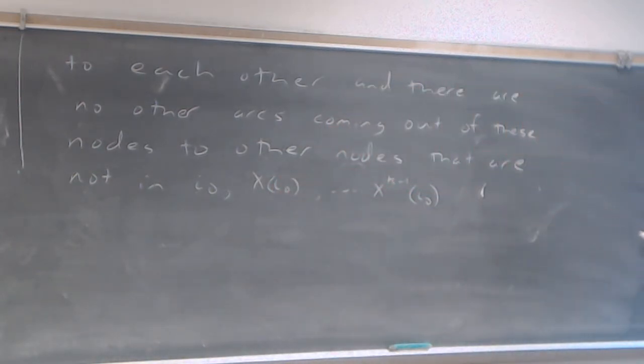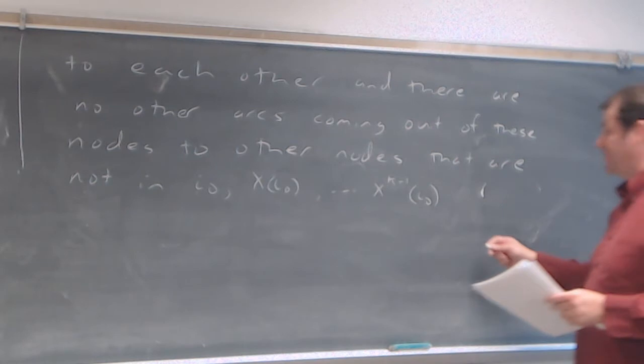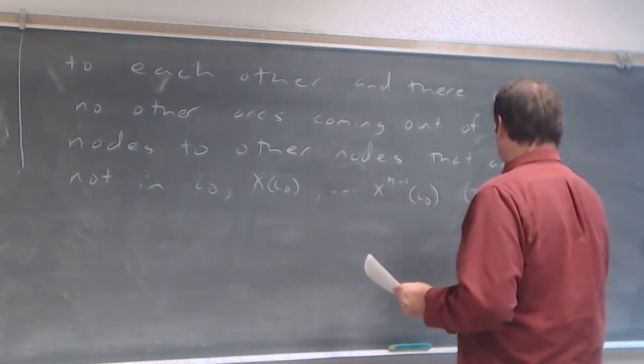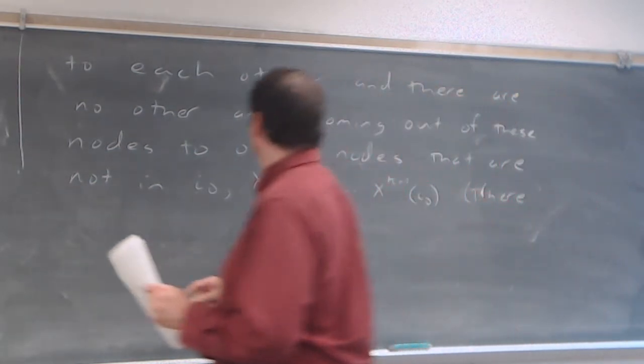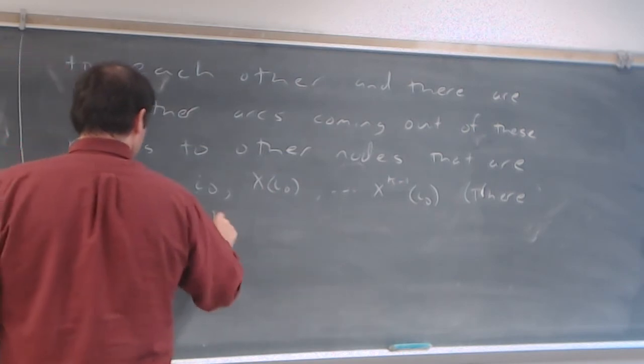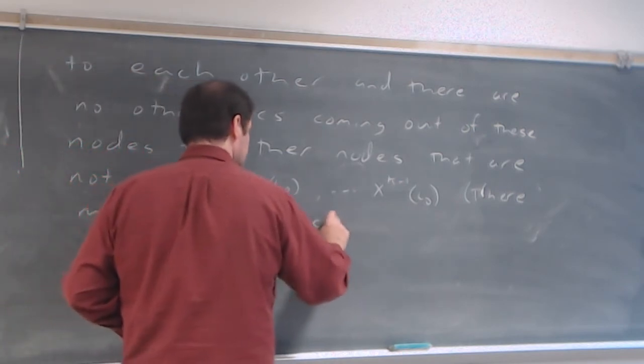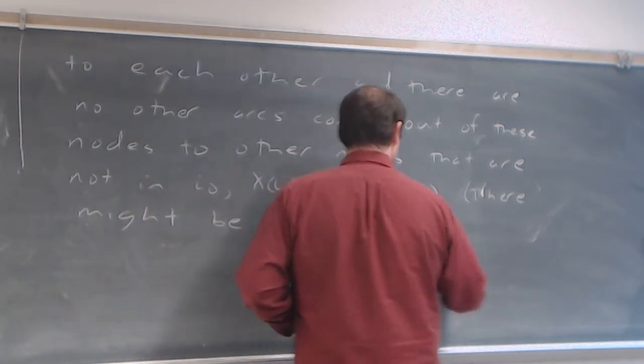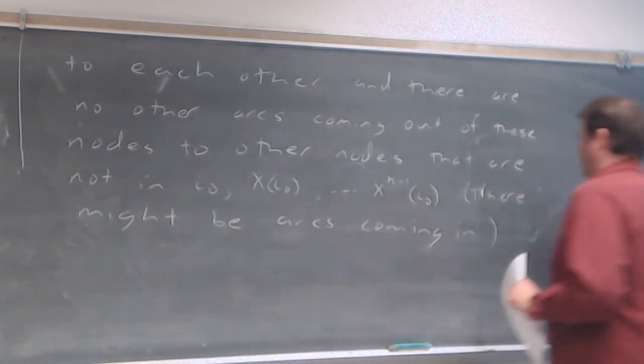Okay? Now I will say this, there might be arcs coming in, but none going out to the nodes. Okay?